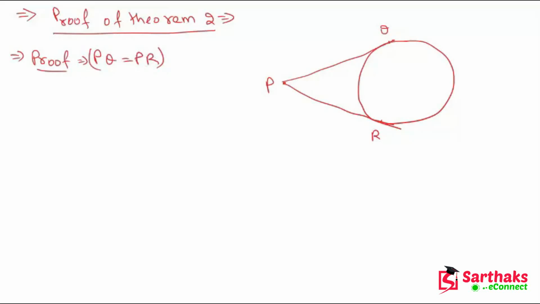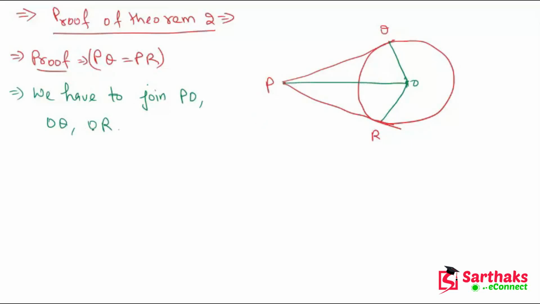Okay, my dear friends. So for this, first of all, this is center O, and we have to join PO, OQ and OR. Now let's join OQ, OR, and OP.